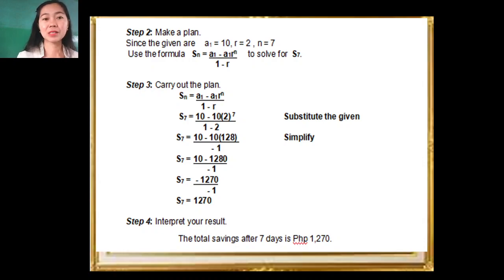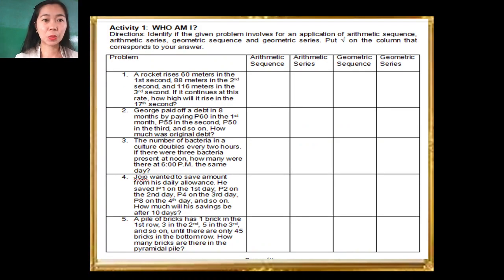Okay. So, dun sa inyong hawak na module, may ipinadala akong dalawang activity sheets. So, activity 1, who am I? We have 5 columns here. The first column are the 5 problems. Then, we have second column, arithmetic sequence, arithmetic series, geometric sequence, up to the fifth column, we have geometric series.